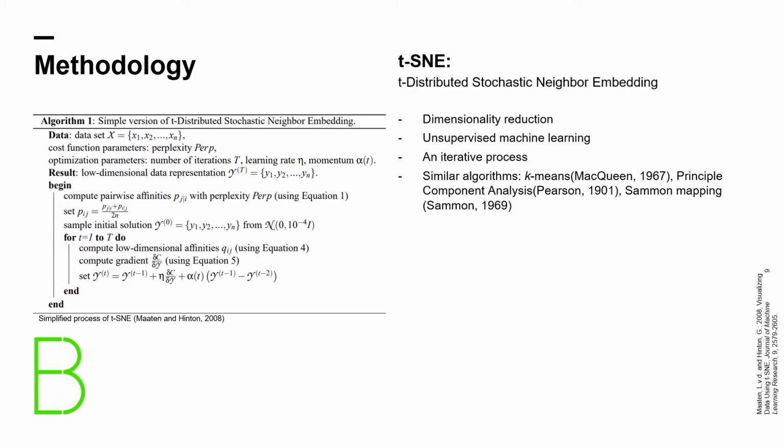Input data of t-SNE can be considered as unlabeled data points, comprising values as high-dimensional vectors. As indicated on the left-hand side pseudocode from the original paper, the process of operating t-SNE involves the following steps.